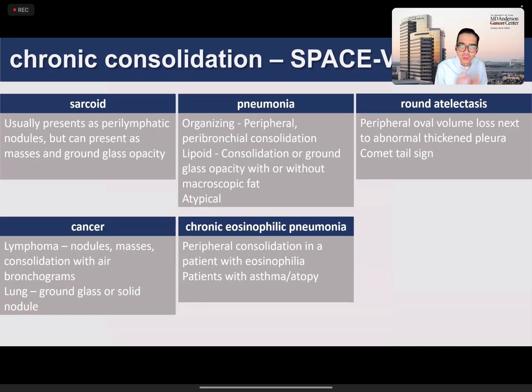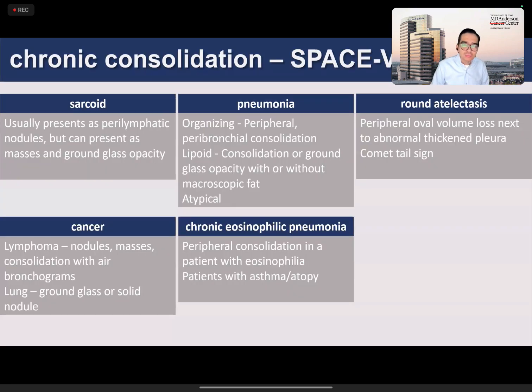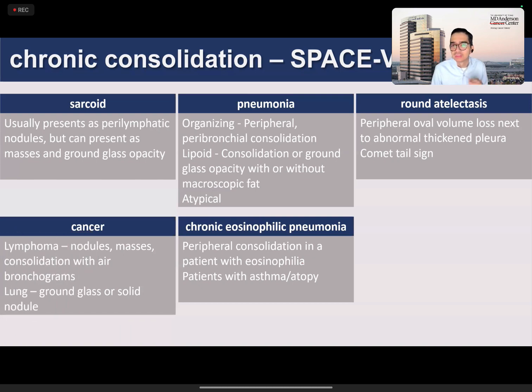Okay, so that was my differential for chronic consolidation. Remember, once you have a chronic consolidation, move past blood, pus, and water, and then move into this differential. I use the term SPACE V. S is for sarcoid.